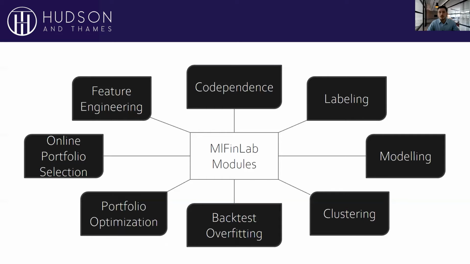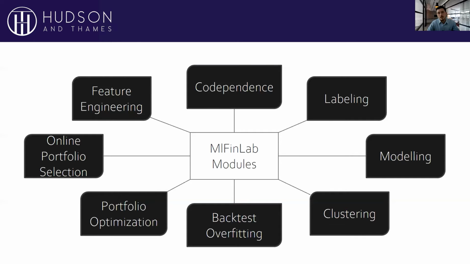Codependence is the module that I'll describe in more detail today, and you will have a deep understanding of what it contains. Labeling allows one to label data to further use it in training or testing models. Modeling allows one to sample data for better properties.